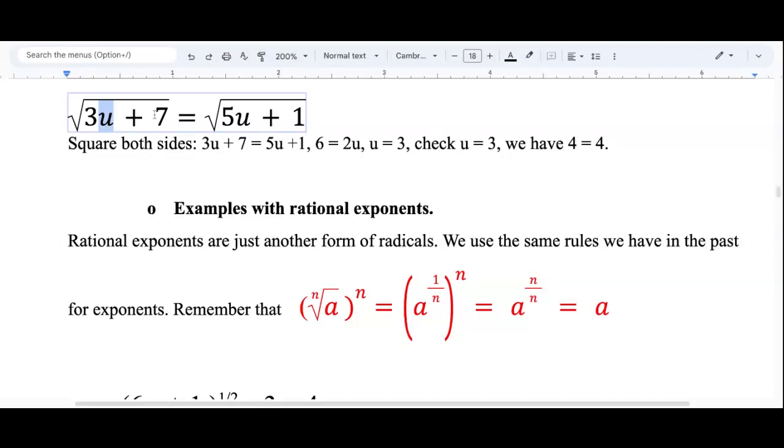Square root of 16 is 4. Then 3 times 5, 15. 15 plus 1, also square root of 16. It's also 4. So 3 is the solution, right?